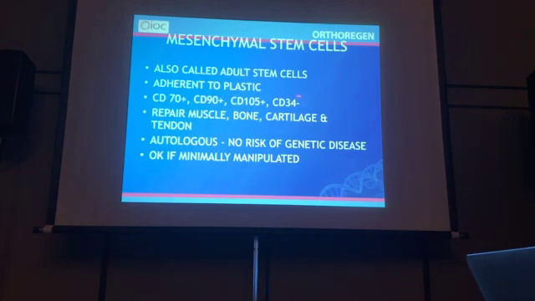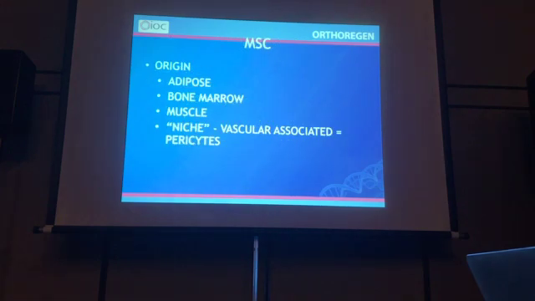This is for the hematopoietic stem cell. They repair muscle, bone, cartilage, and tendon. They are autologous. There is therefore no risk of genetic disease, and they are okay to use, says the FDA, if they are minimally manipulated.